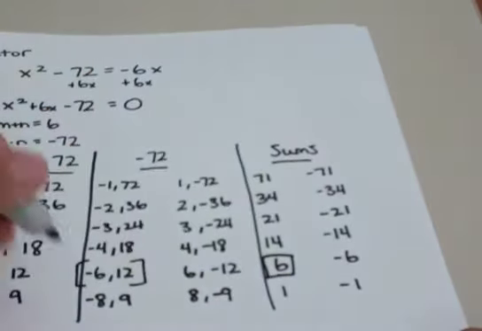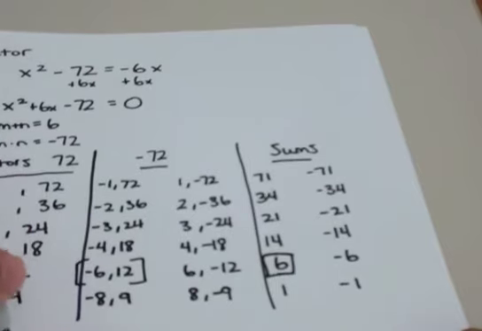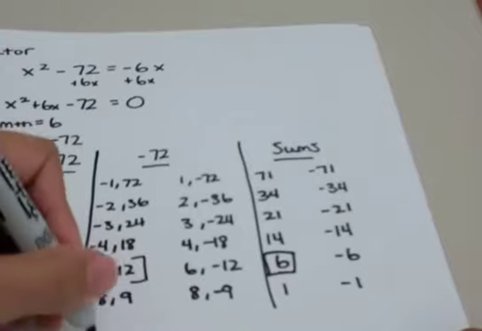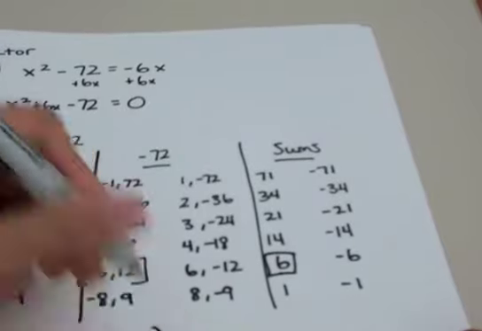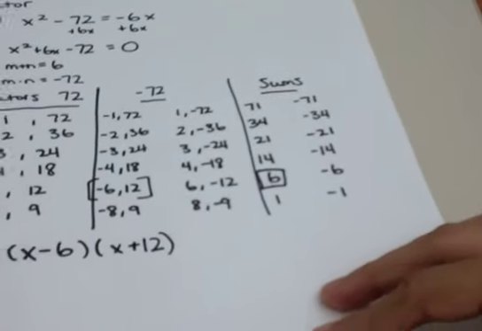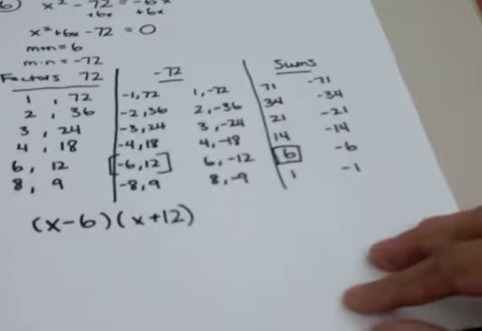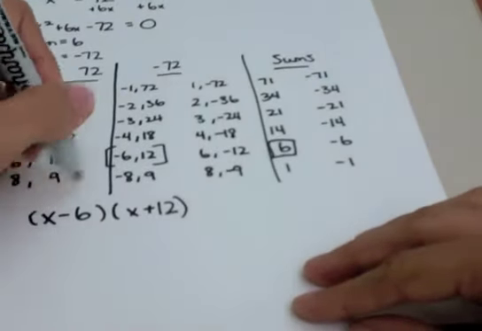That gives me that. So since it's negative 6 and 12, I would write this as x minus 6, x plus 12. Now, since we have a little bit of time, we want to check our answer, make sure we're correct.